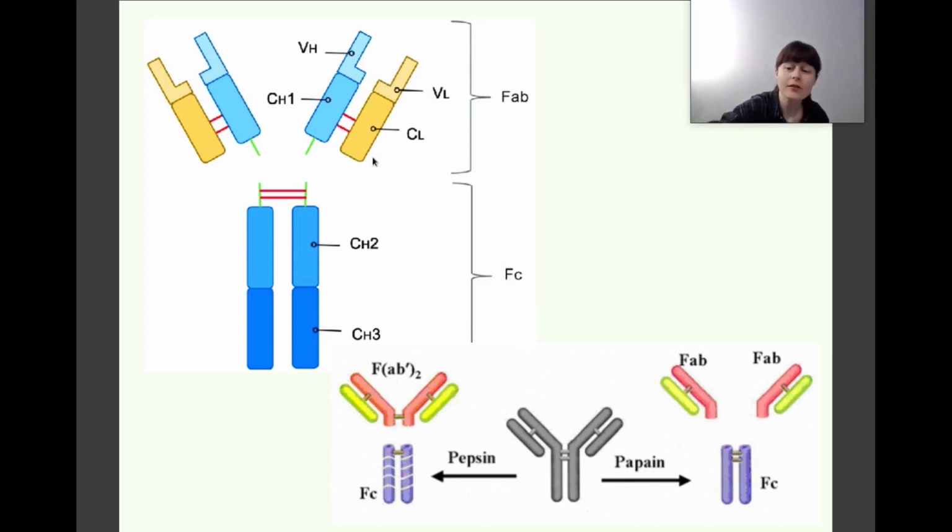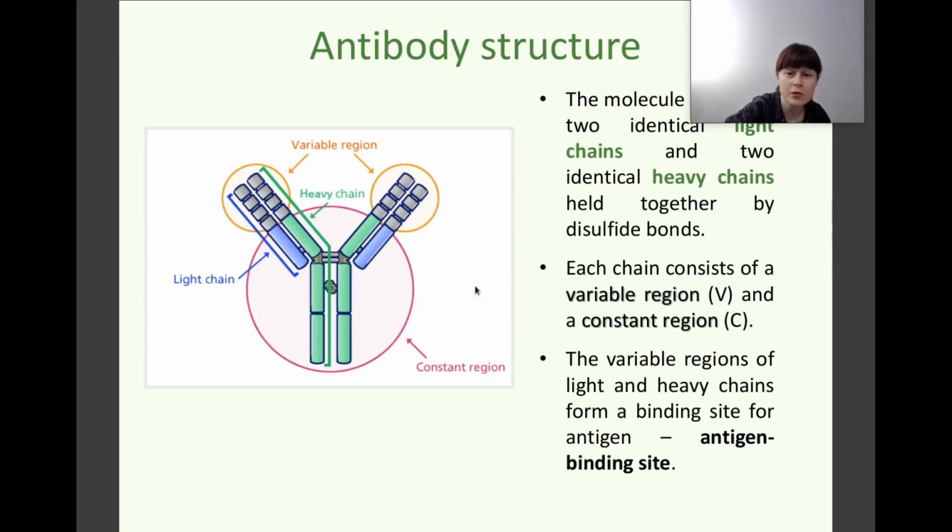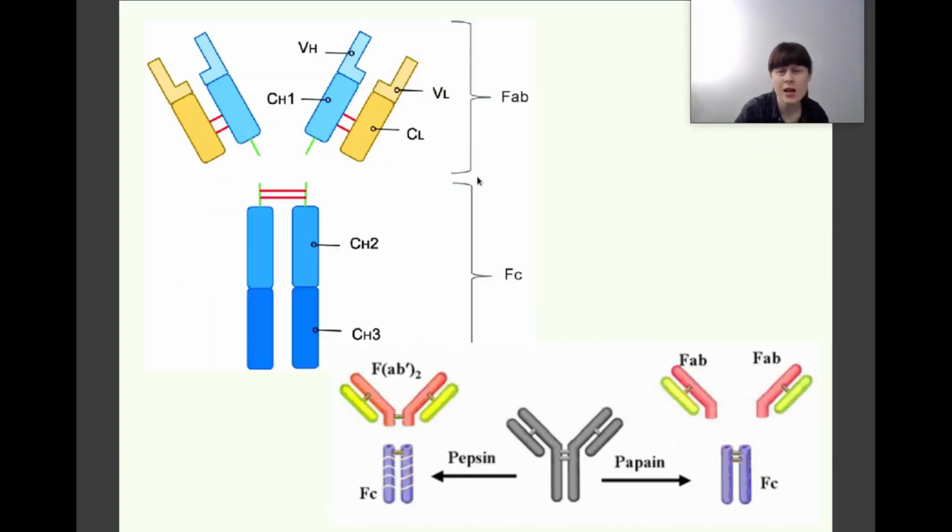Like we said before, the variable regions of heavy and light chains form this antigen binding site. In other words, we call this the Fab fragment. The C in Fc stands for crystallizable. This is the Fc fragment because the well-conserved amino acid sequence allows this fragment to crystallize.